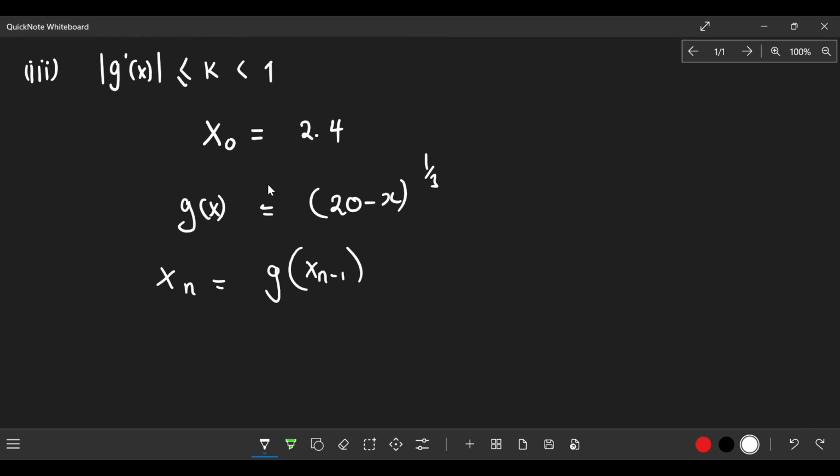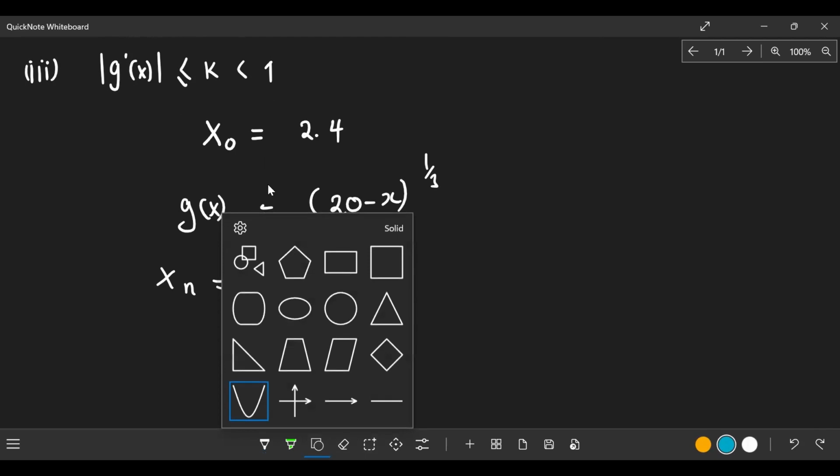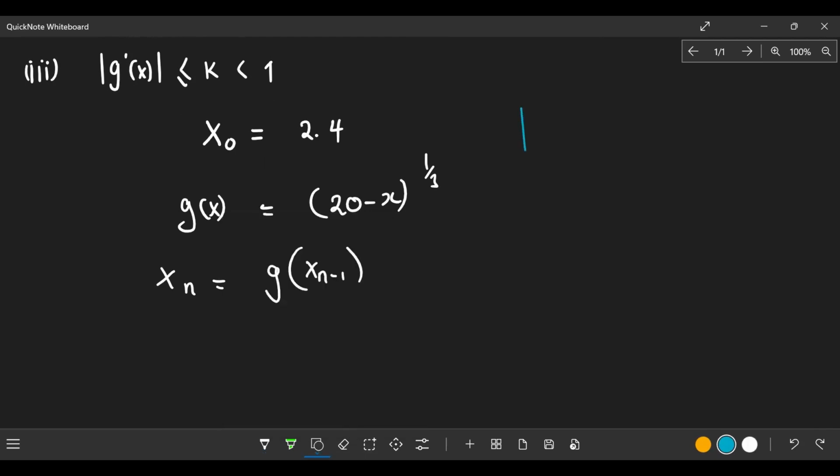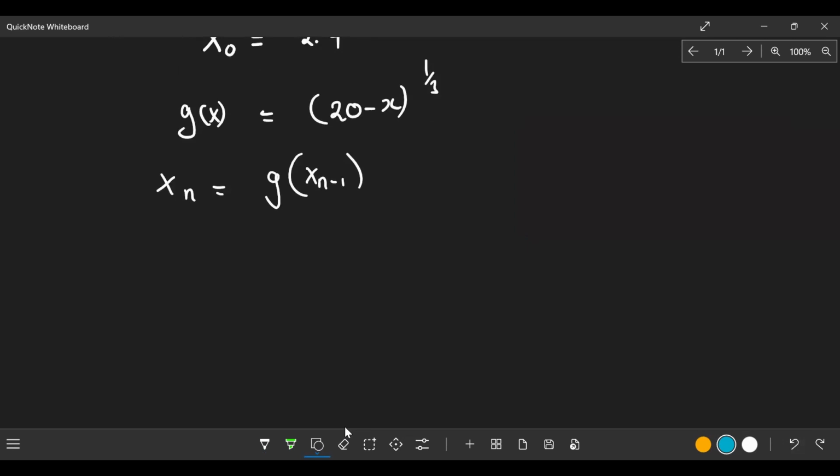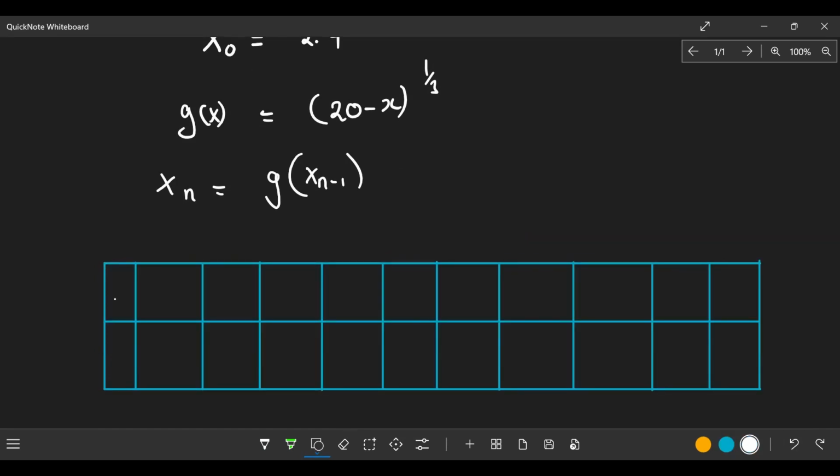So I'm going to draw a table. You guys will be giving me the values in the table. Here I'm going to take this as any value, and then this is xn.